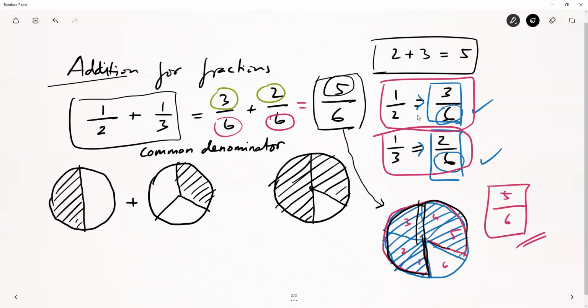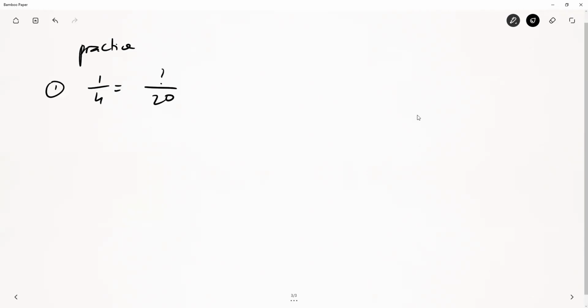So I guess the next thing is we simply need to give more exercises to the kids. First is to do some practice, for example, with equal fractions. So 1 over 4 equals, for example, something divided by 20. And then, for example, 2 on 3 equals 6 divided by something.